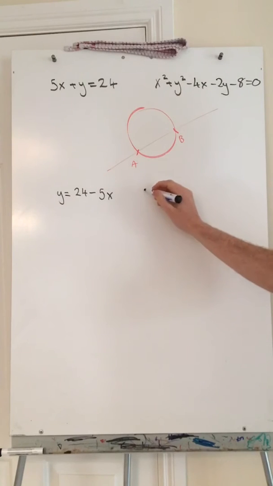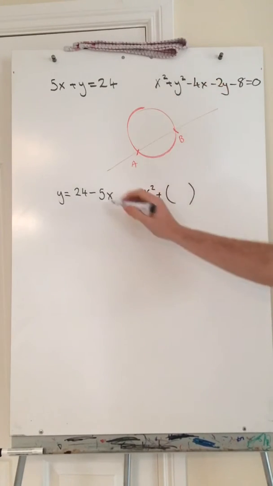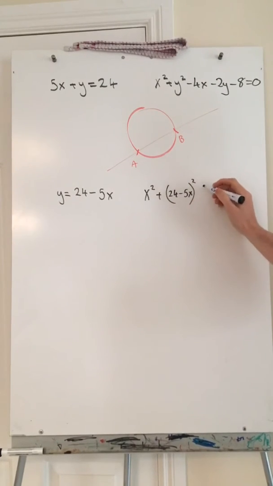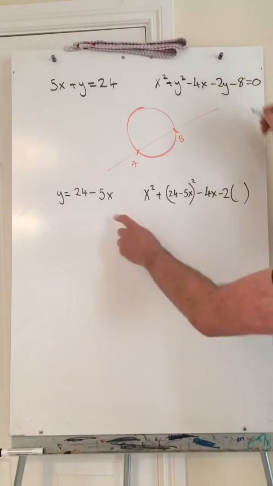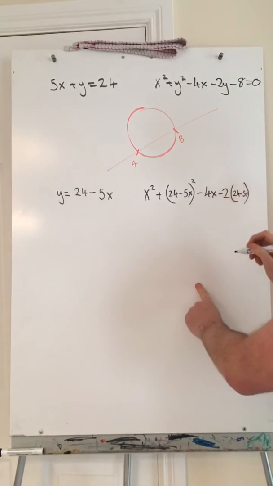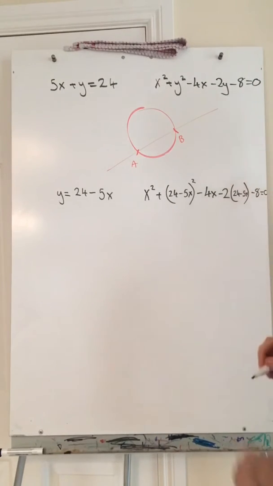So this turns into x squared plus (24 minus 5x) squared minus 4x minus 2 times y, and y is still 24 minus 5x, minus 8 is equal to 0.